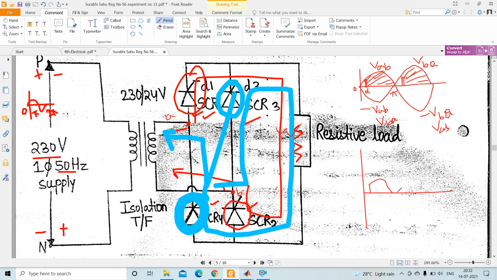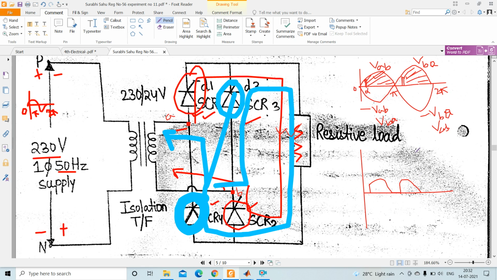For some time it is 0, and again the output is like this. In one complete cycle, from this to this is 2 pi, you get output in both half cycles. That's why it is a full wave controlled rectifier.